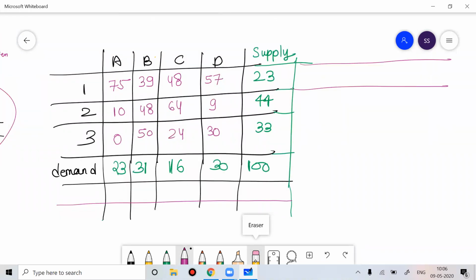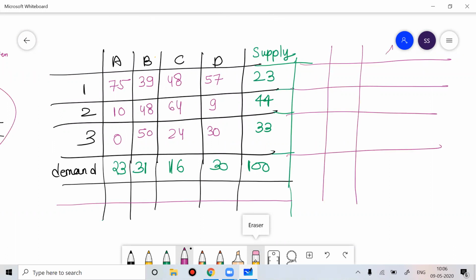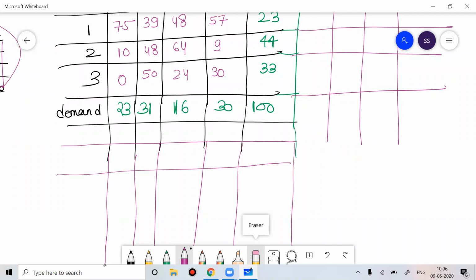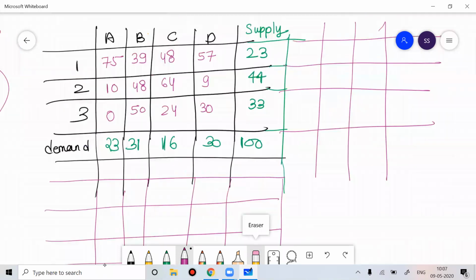If I'm using Vogel approximation method, then for every row and column I have to find the penalty. So it depends on which method to use.